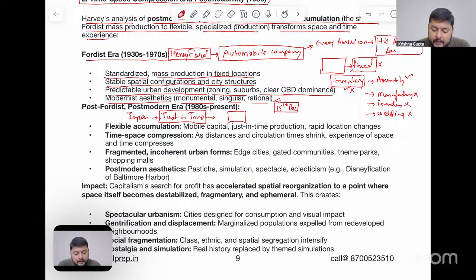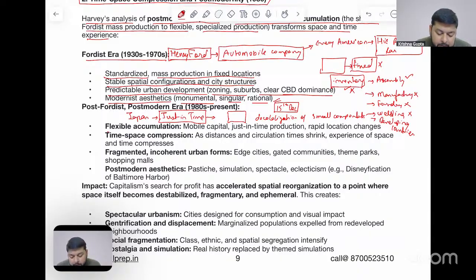So in this way there was a delocalization of the small components to the developing countries. So there was a delocalization of industries from USA to the different regions of the world where these components can be developed in a cheaper way.